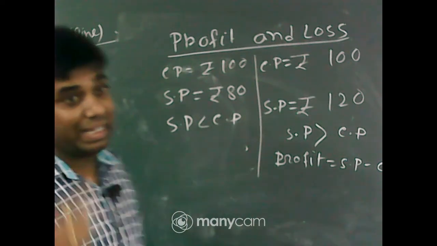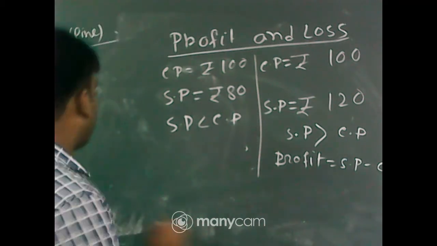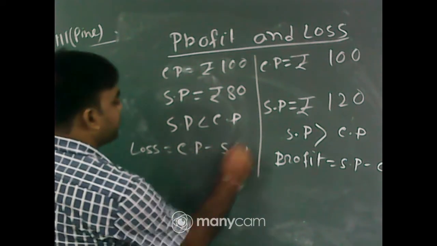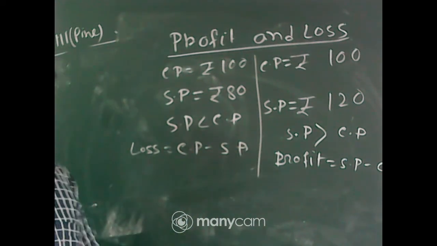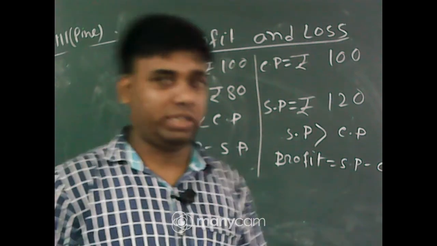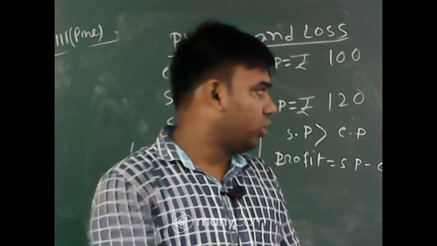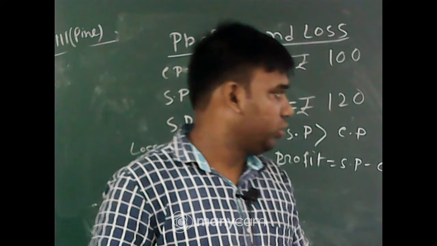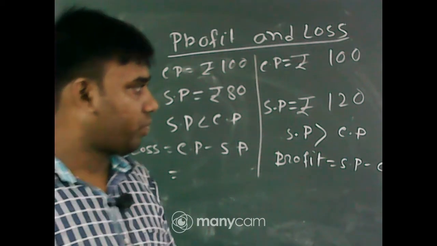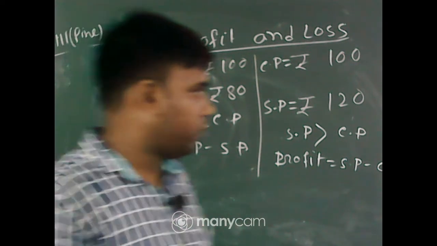When SP is less than CP, there is loss, and the formula for finding the loss amount is CP minus SP. So loss equals CP 100 minus 80, rupees 20. Got the concept of profit and loss? Yes or no? Chandranath, yes. Okay. Yes, I got it. Bist, yes.